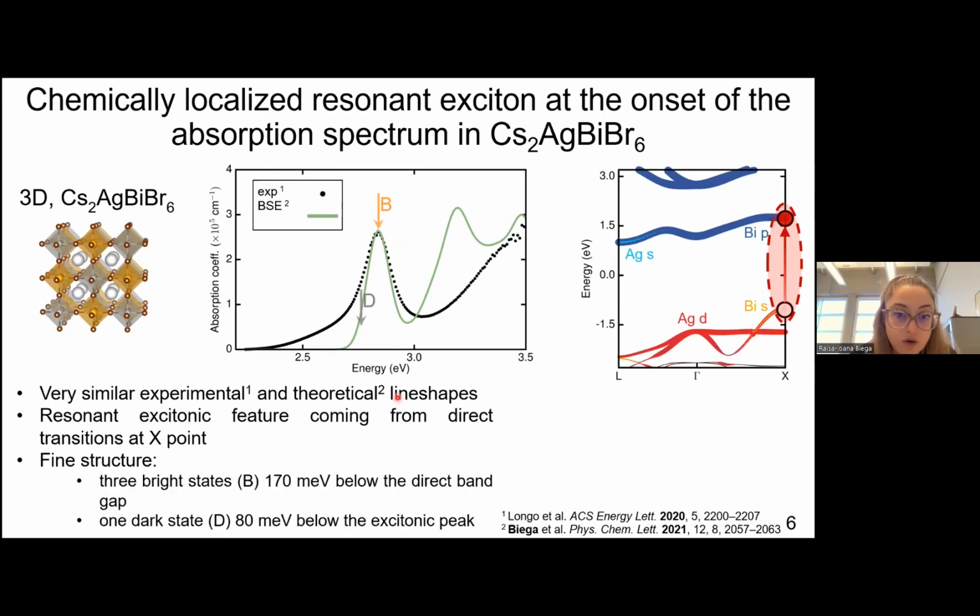We can also distinguish the fine structure of this peak, and in this particular example, this is made of 3 degenerate bright transitions. They are all here, and they give rise to this sharp peak. And there is another dark state that is basically localized before the excitonic peak.